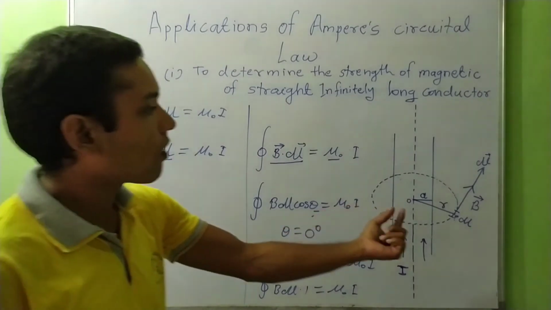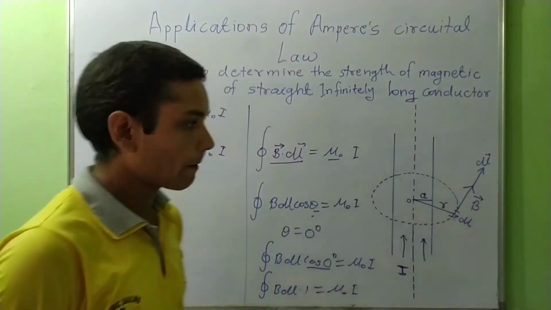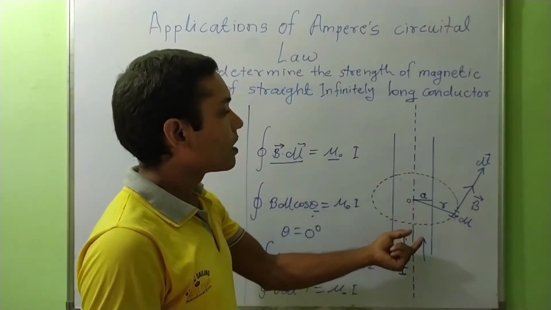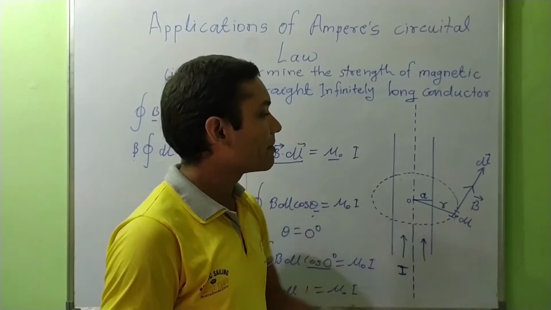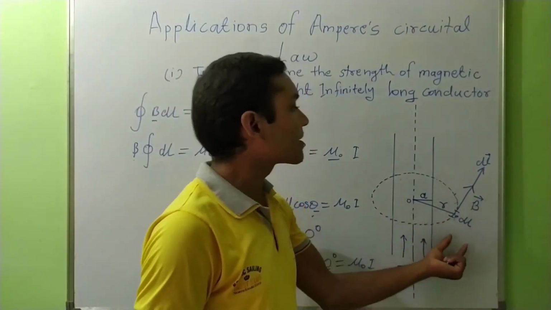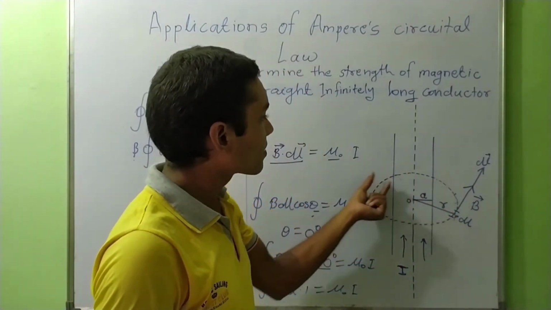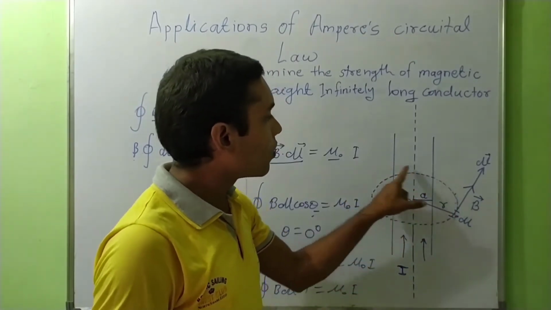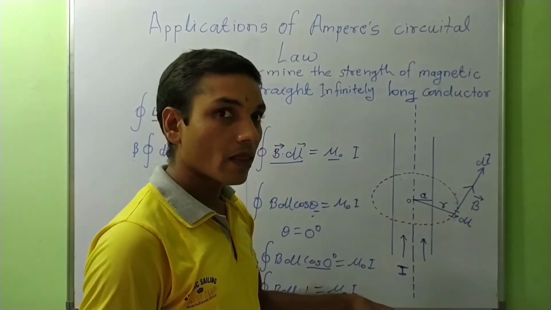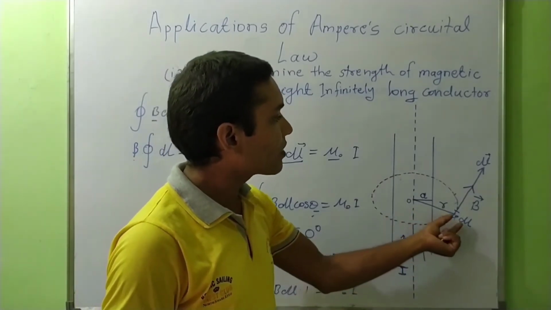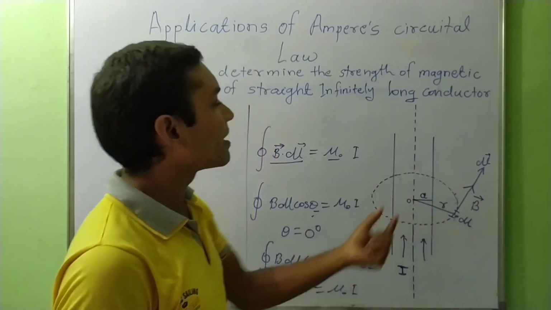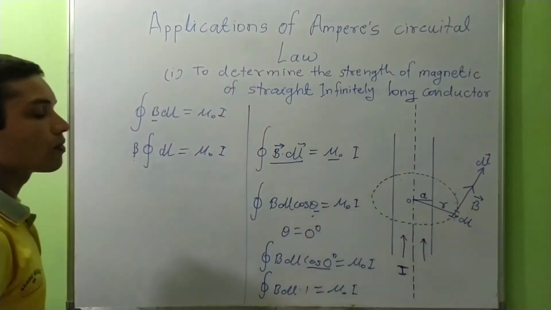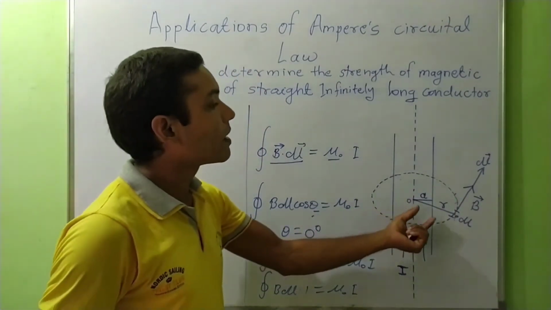dl is the length of this small element, and we know that this circular loop consists of a number of small elements, and these small elements make a complete closed Amperian loop, and this Amperian loop is circular. That's why the total length of all the small elements will be equal to the circumference of this Amperian loop.